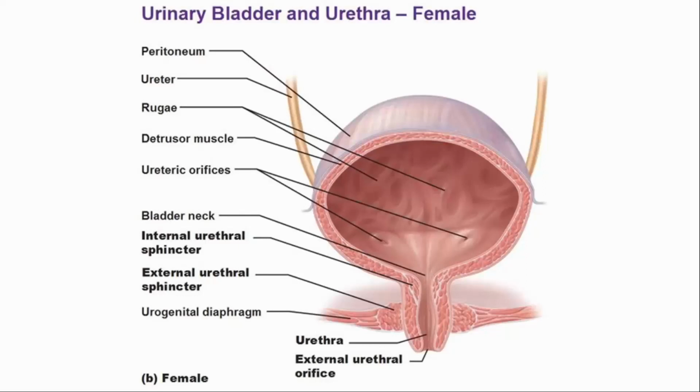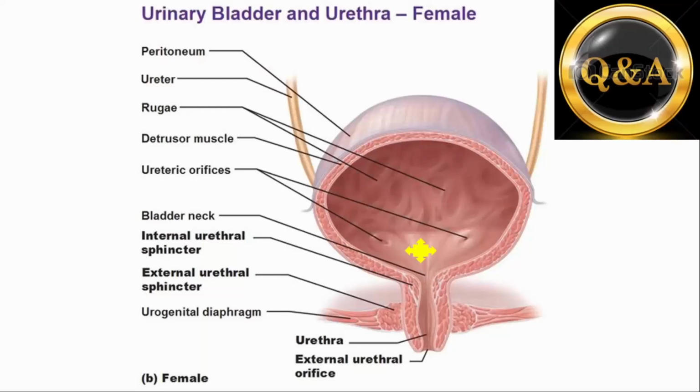The answer is no. It has trabeculations, but it has a smooth triangular area called the trigone. The trigone is bounded by the two ureteric openings and then the internal urethral opening. This is a smooth surface of the urinary bladder all the time.